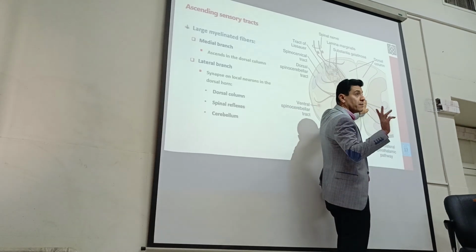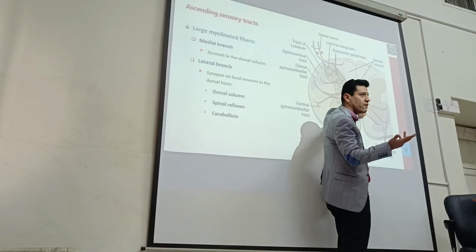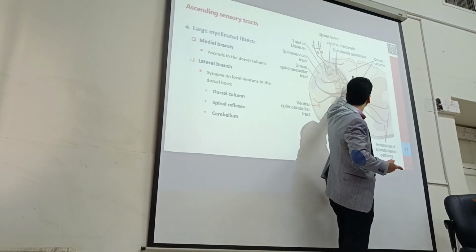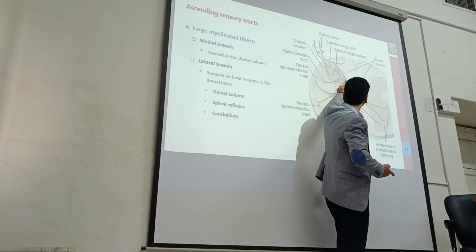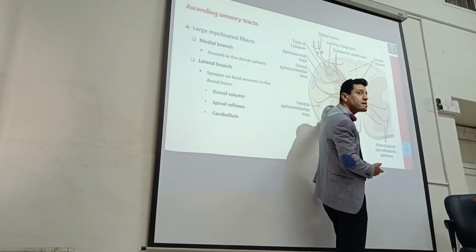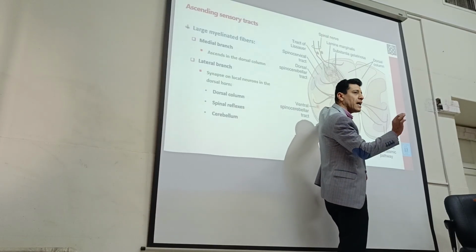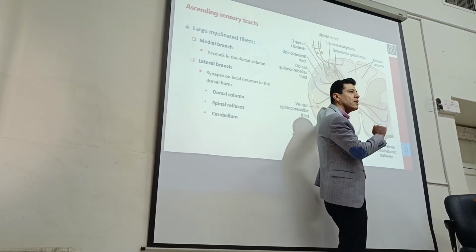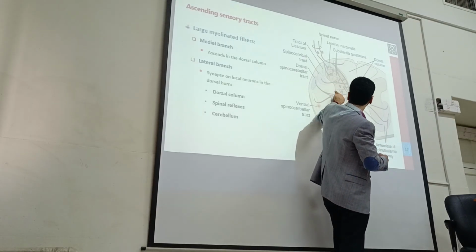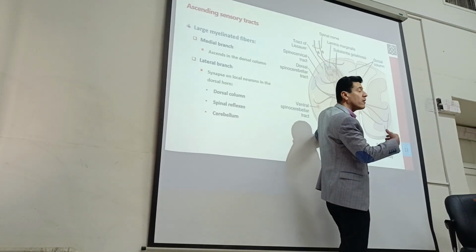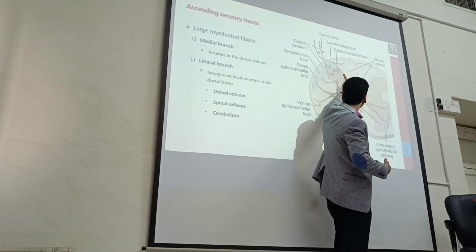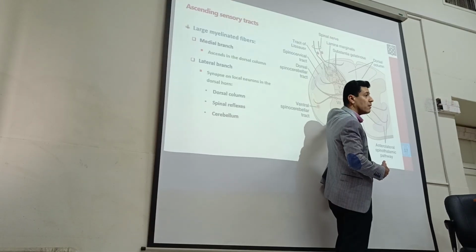Now, remember that A beta fibers come to the spinal cord and make 2 branches, a medial branch and a lateral branch. The lateral one makes synapses here in the spinal cord, so it can activate other neurons. You can see several other neurons that are activated by the lateral branch of the A beta fiber. But the medial branch enters the dorsal column on the same side.